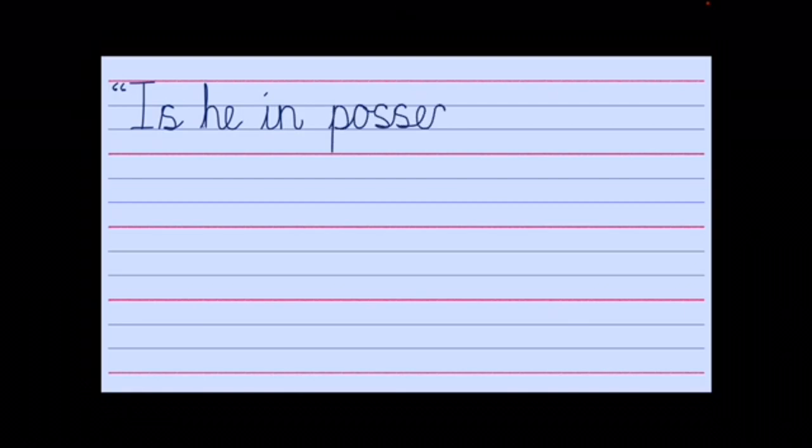And speech marks again, because he's finishing what he was saying. Is he in possession? So, possession. Possession is how we say it.